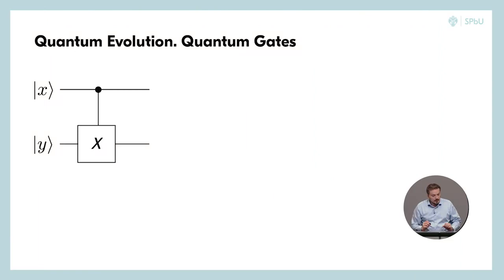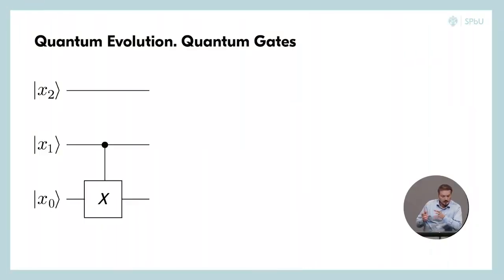The CNOT operator we are going to represent like this. So this bit is the controlled bit, and this one, where we have this thick dot, is the control bit. And if we have this transform, for example, with 3 qubits here, the dimensionality is 8, and this matrix must be 8 by 8.